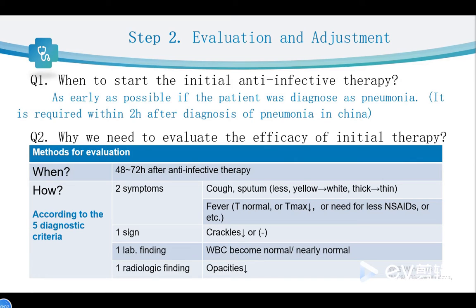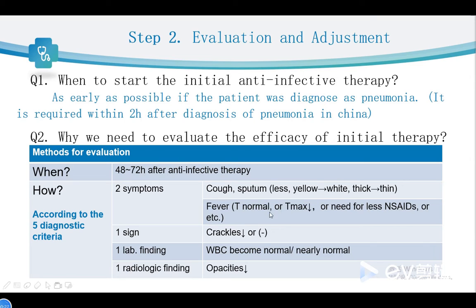If the patient has any of the following changes in the diagnostic criteria, we can conclude that the antibiotics are working. 1. The sputum becomes less or thin, or the color of the sputum changes from yellow to white. 2.